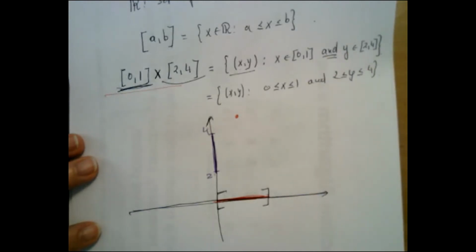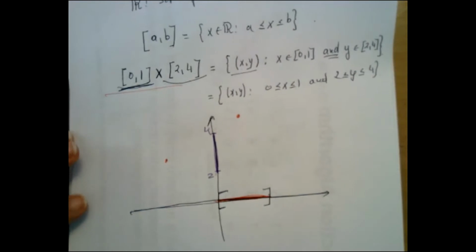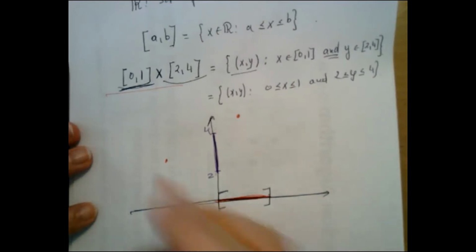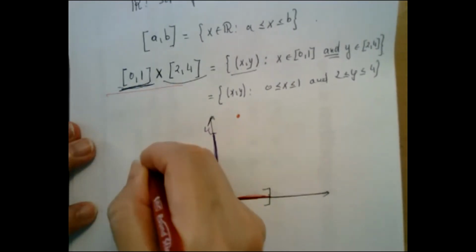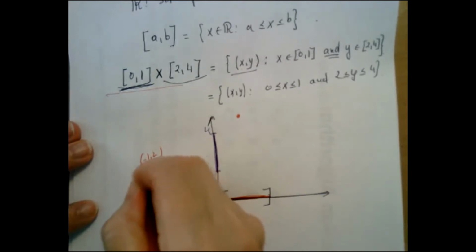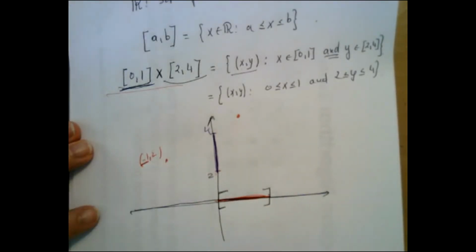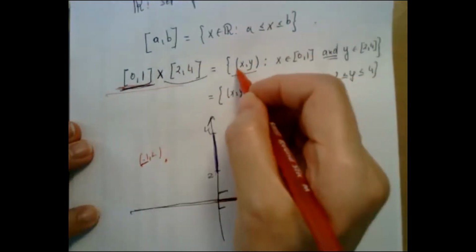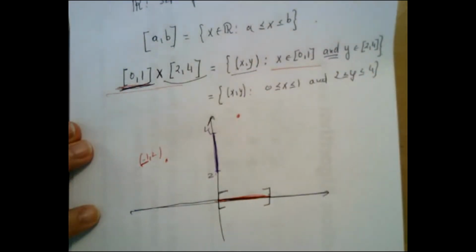This is outside. If I take a point here, is it in the Cartesian product? No. So if I take a point here, (-1, 2), is this in the Cartesian product? No, because it's not in [0, 1], because the x has to be in [0, 1]. So that's not in the Cartesian product.